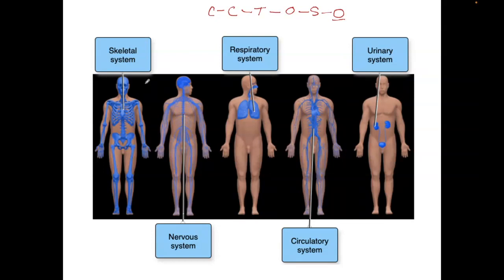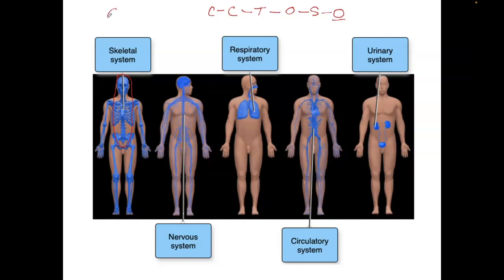Some will be discussed in Anatomy 1, and others will be discussed in Anatomy 2. Now, when we talk about the skeletal system, at least I teach it in a way where I break it down into the axial skeleton, which is everything that we see here in the center.